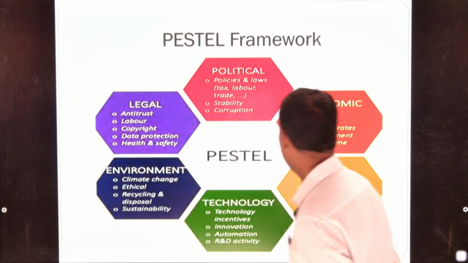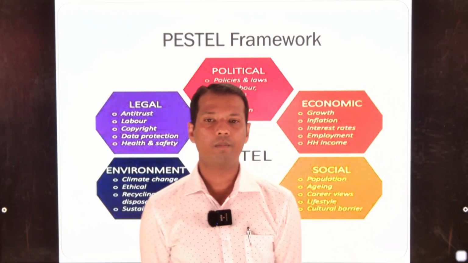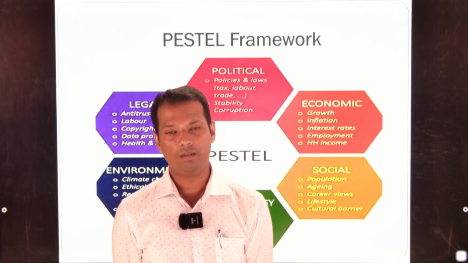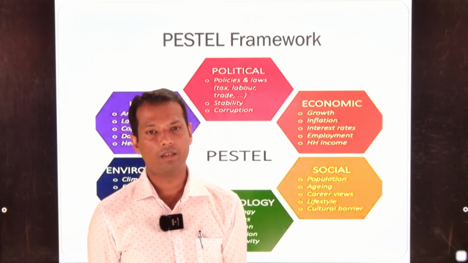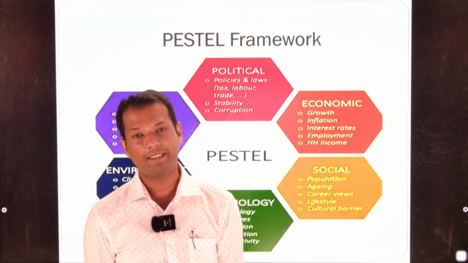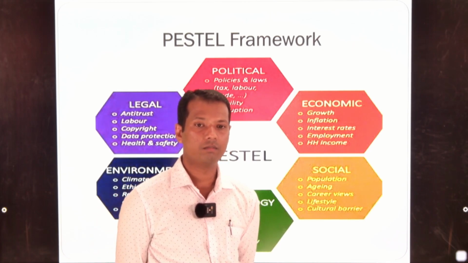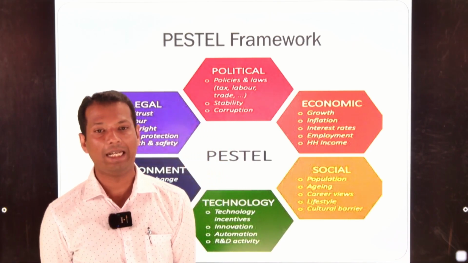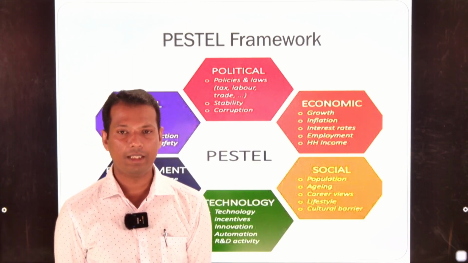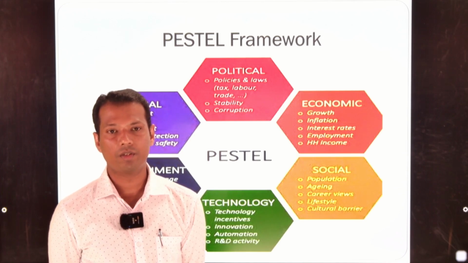Now, the social factor. If you see the social factors, what kind of population a society or a particular geographical location has, and whether the population is an aging population or a young population. Like in the context of India, we say that the population is a very young population.